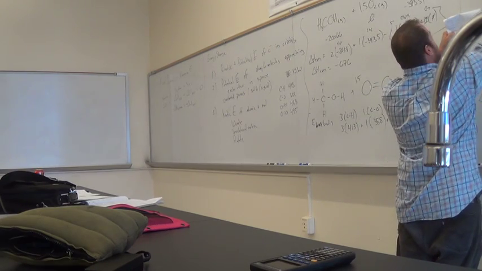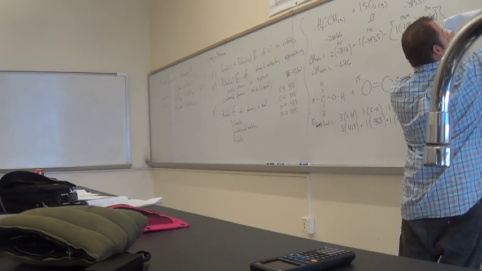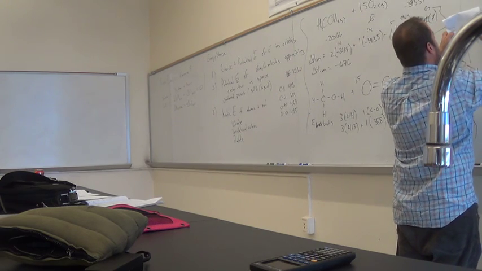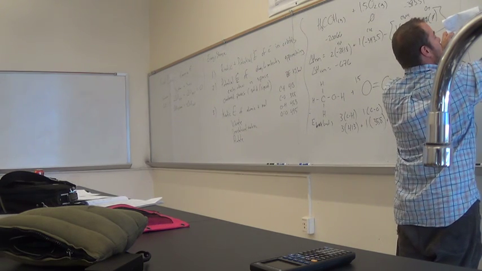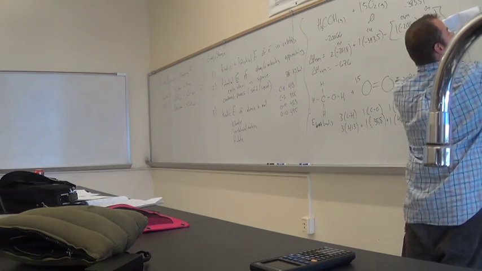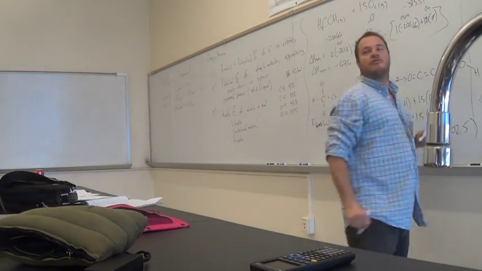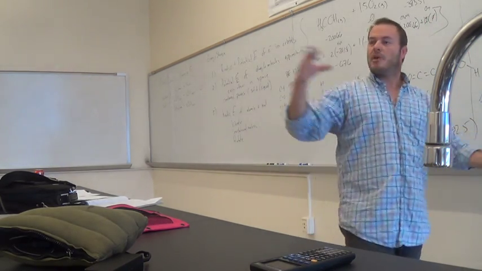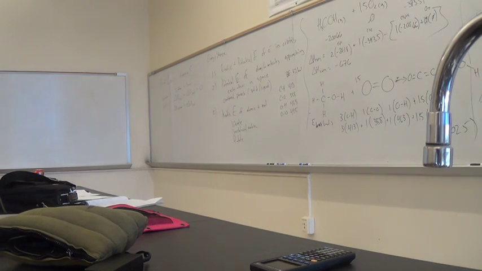We've got 2 carbon double bond oxygen bonds, so this is going to be 2 times 743, but this time we're going to stick a negative sign in front of it because when bonds form, energy is released. And so the delta H will be negative because energy is being released by the system in the formation of those bonds. We've got 4 oxygen-hydrogen single bonds.